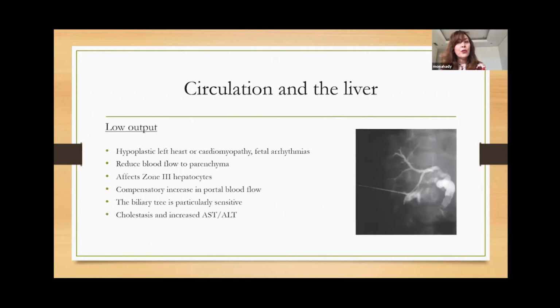Low cardiac output, in cases of hypoplastic left heart, cardiomyopathy, or fetal arrhythmia, will obviously reduce the blood flow to the parenchyma, and zone 3 will be the most affected as well. But the most sensitive part of the liver to ischemia are the bile ducts and the bile tree.